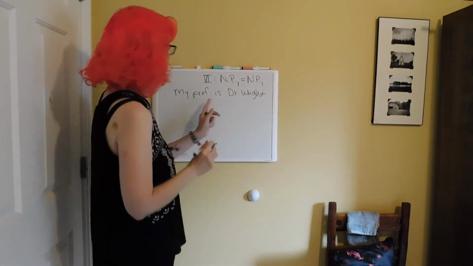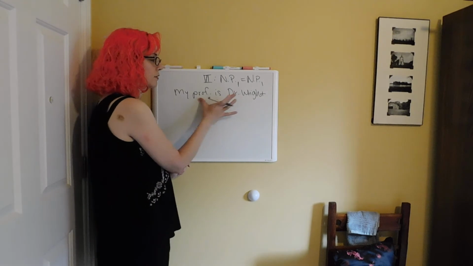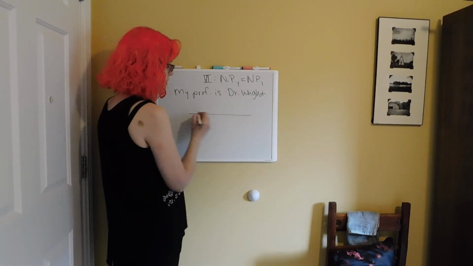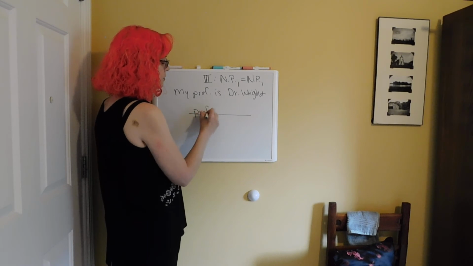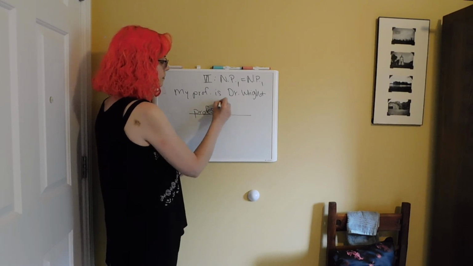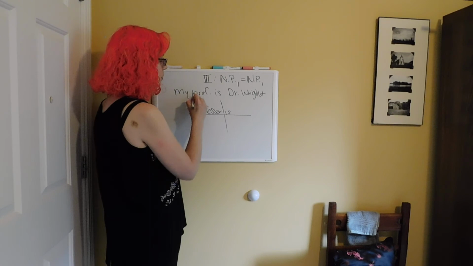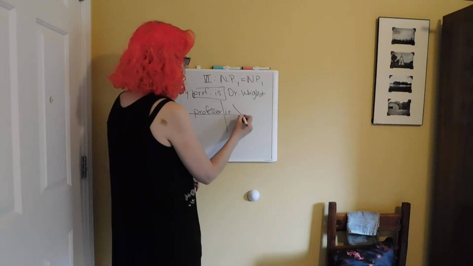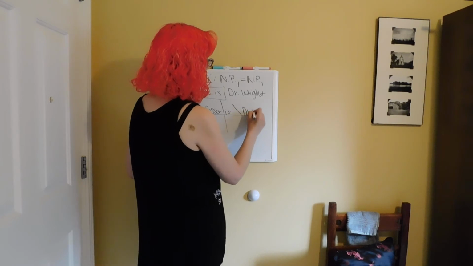Okay. Professor and Dr. Wright are referring to each other because of this linking verb right here. Professor is, because that's your core. Who is your professor? Slant, Dr. Wright.